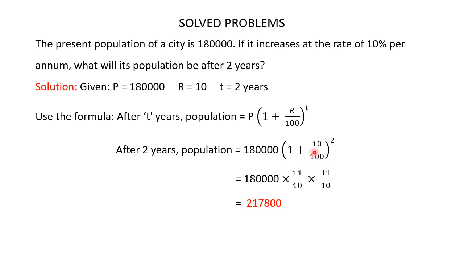So 11 by 10 the whole squared. So 1,80,000 multiplied by 11 by 10 multiplied by 11 by 10. When you simplify this, you will get the answer as 2,17,800. So the population after 2 years is 2,17,800.